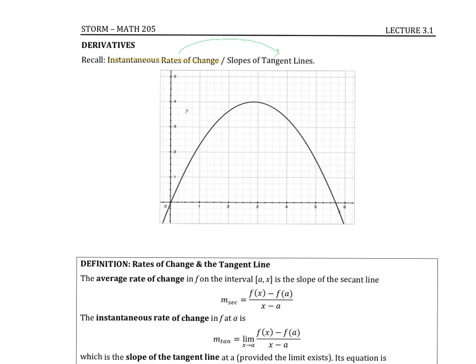Now let's do a quick review. Let's just say that at this point 2, when x is equal to 2, I'm on the graph. Now, if I draw a line tangent at that point, it would look something like this.